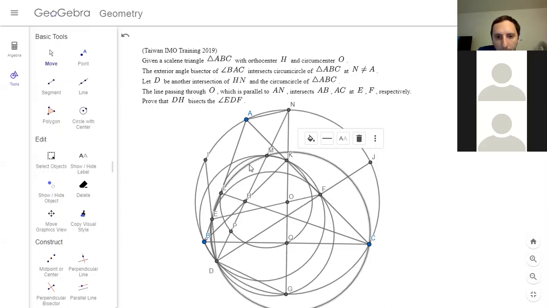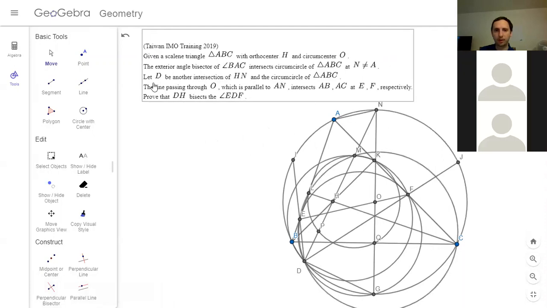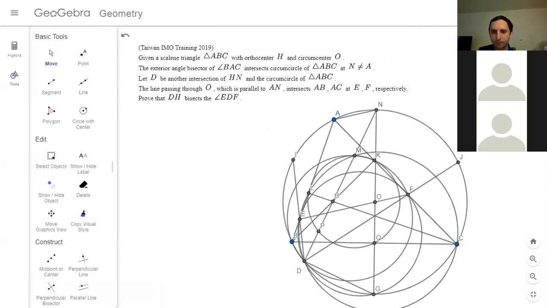Oh, okay. Yeah, I think I got it. So I think that is enough to solve this. But how did you prove that F is on the circumcircle of DBMK? Or F is on the circumcircle of BMK. Yeah, so how did I prove that?